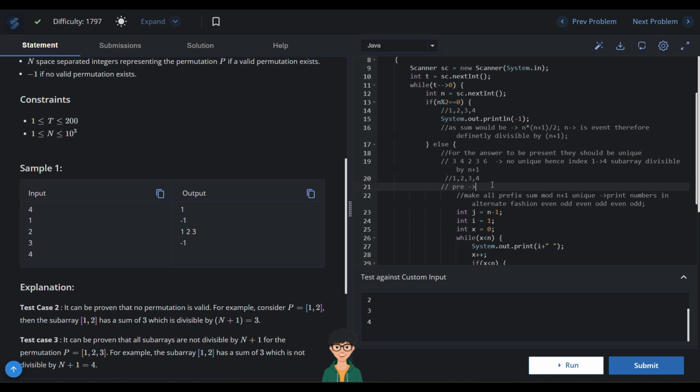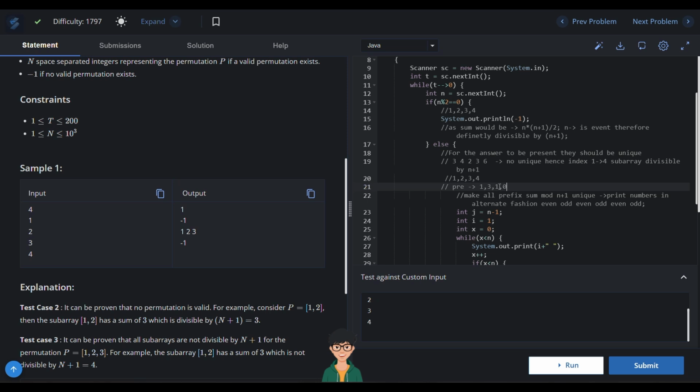So at the first index it will be 1. At the second, 1 plus 2 mod 5 is 3. Then 3 plus 3 is 6, 6 modulo 5 is 1. And 1 plus 4 is 5, 5 modulo 5 is 0.